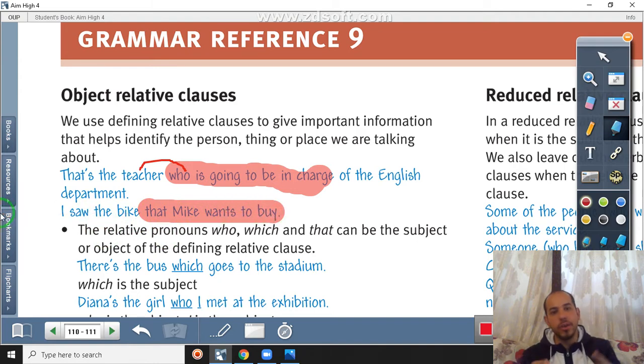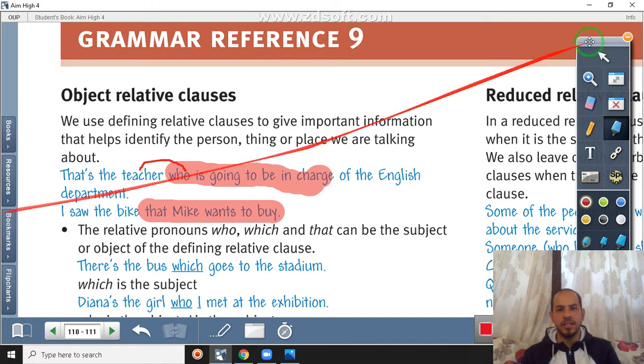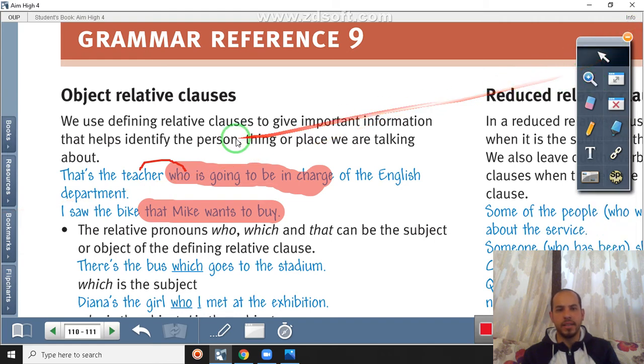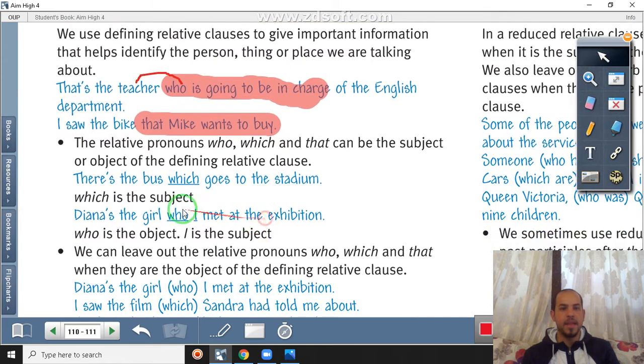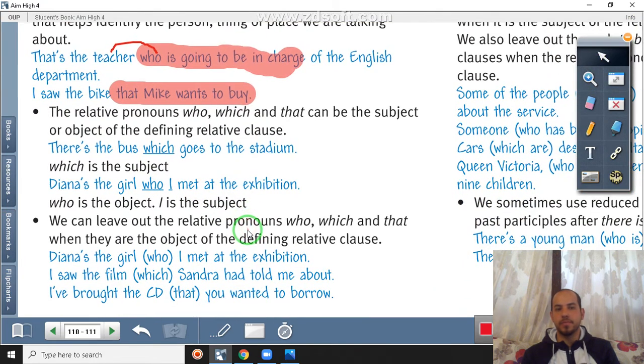This is general information. So the relative clause is a sentence that we use to identify a person or a place or something we are talking about.